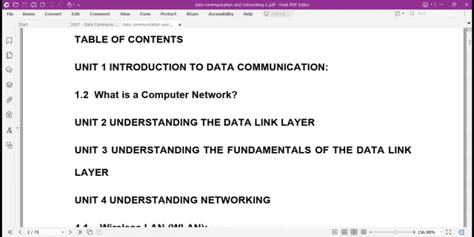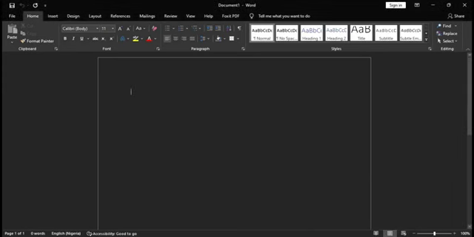Let's go to our Word document here. We are trying to define this word telecommunication to further make you understand where the word data communication stems from and what is related to it.